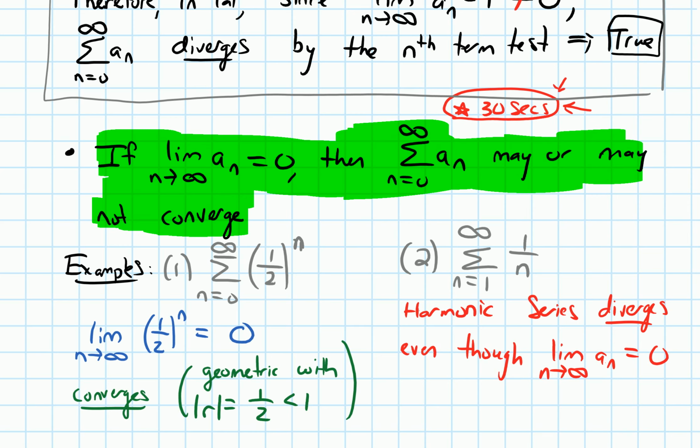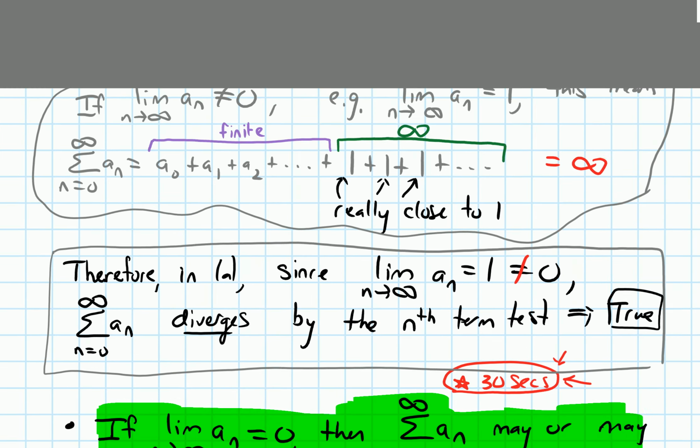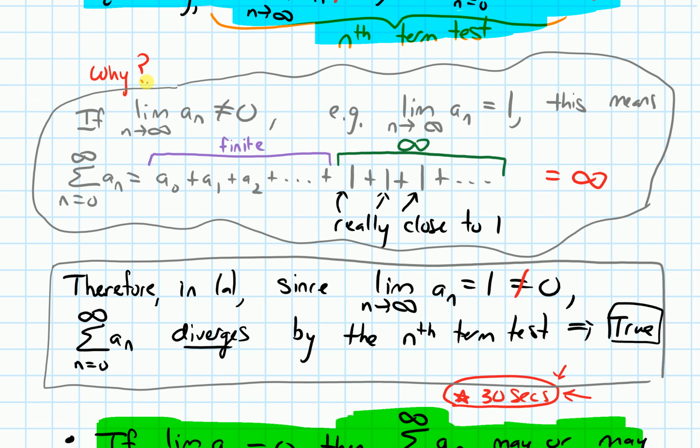Okay, so you might be wondering, wait, if the limit of a sub n is 0, if I use this argument that we set up up here, where we said if the limit of a sub n was 1, eventually in my series I'm just adding terms that are really close to 1 together. So I'm essentially adding 1 plus 1 plus 1 forever, once I get to a certain point.